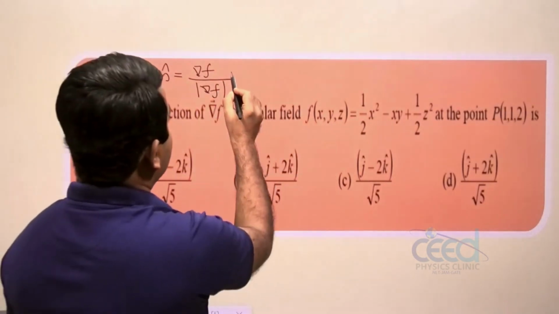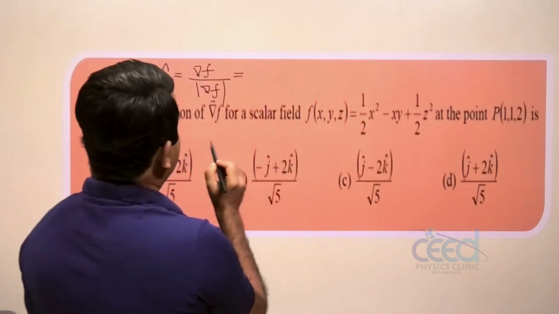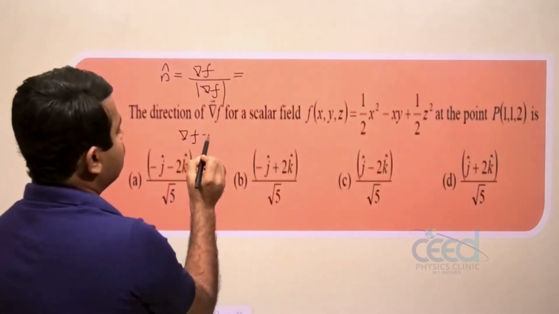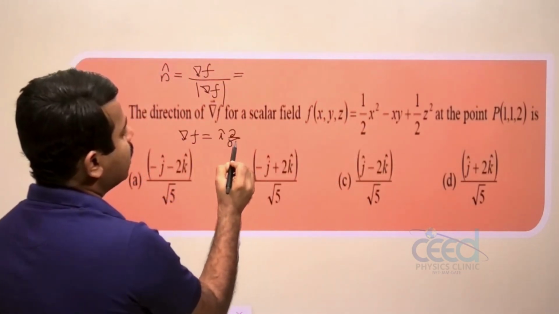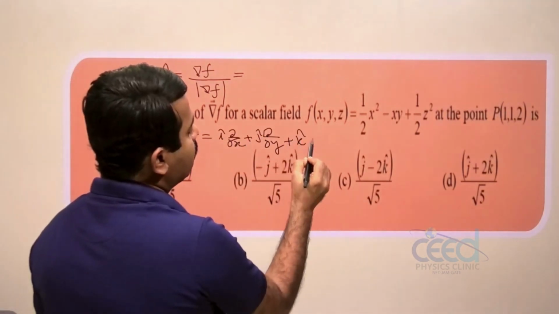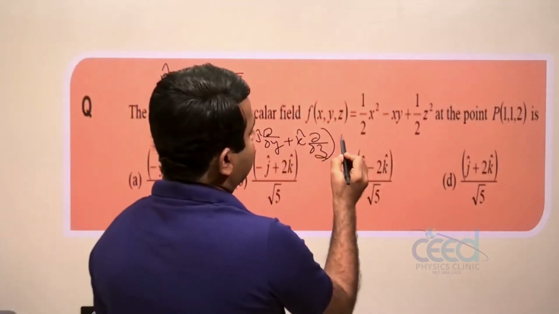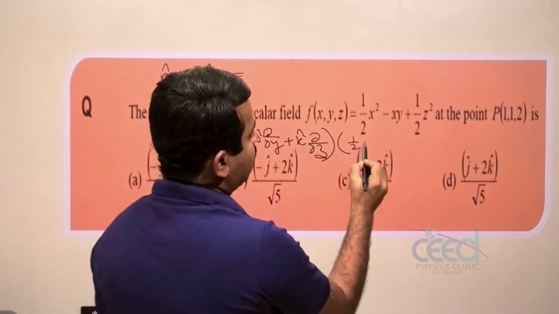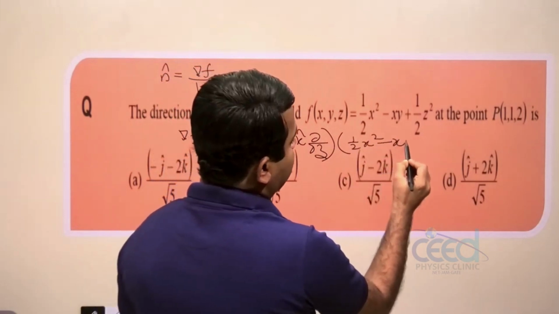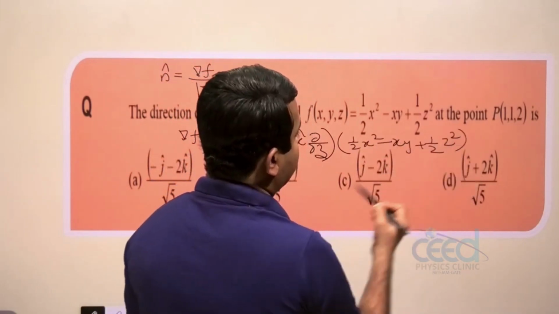Now gradient f you can simply find. Gradient f is i ∂/∂x + j ∂/∂y + k ∂/∂z of the function, which is ½x² − xy + ½z², right?